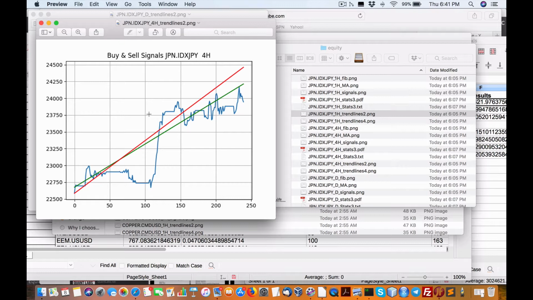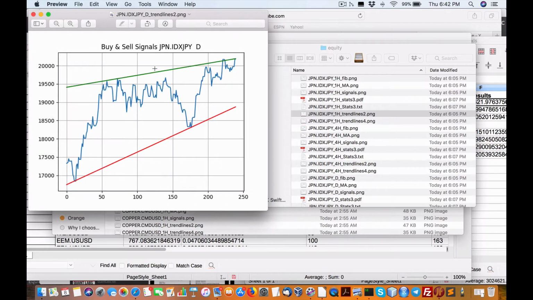So I will be working on that to narrow down what I call the bottoming process, if it isn't a bottoming or if it's in a flat line. But looking at the Japanese index, it looks pretty good.